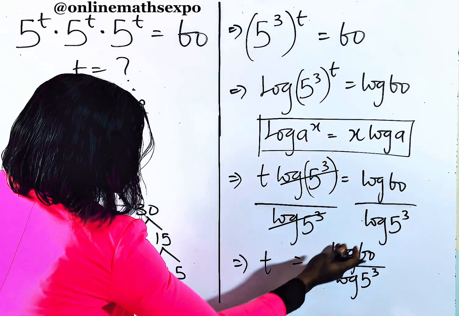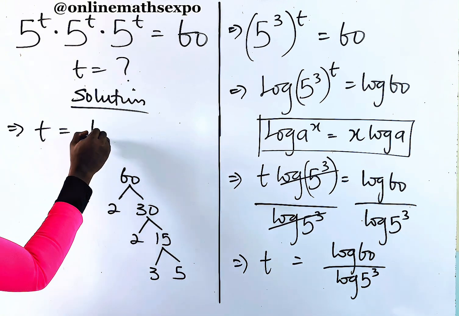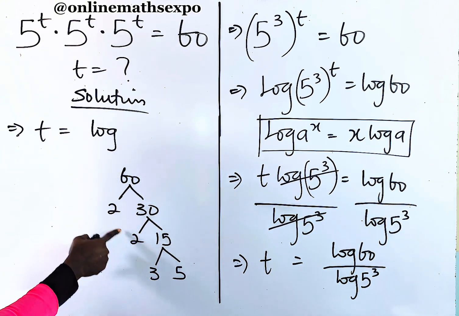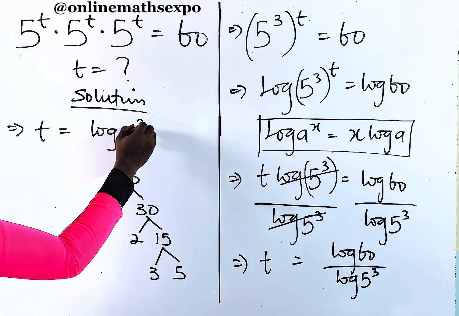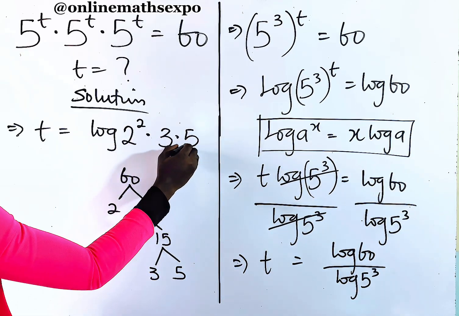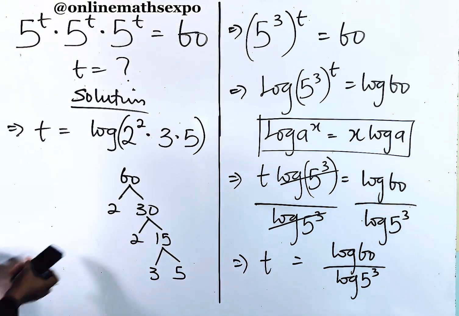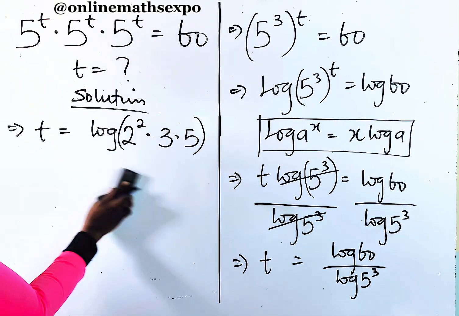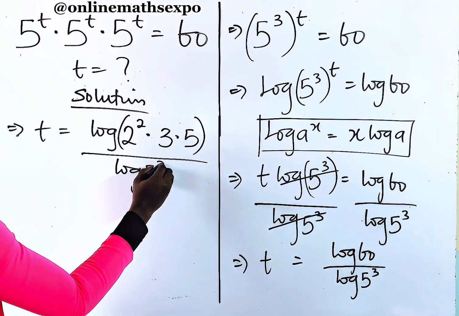Now, to express this 60, we have t is equal to log of, you see that 2 appeared 2 times, so it's giving you 2 squared multiplied by 3 multiplied by 5. All this will give you 60, and is also divided by log of 5 cubed.